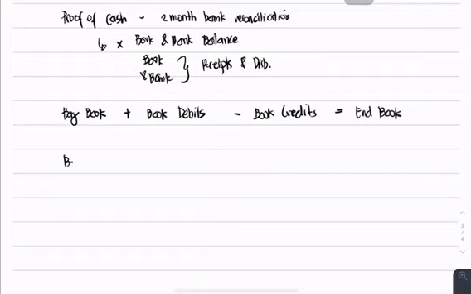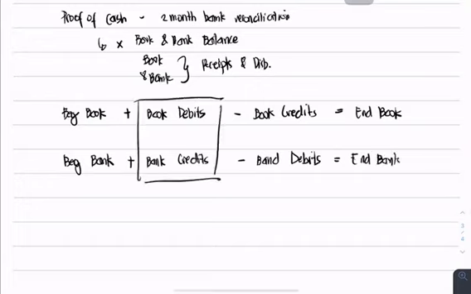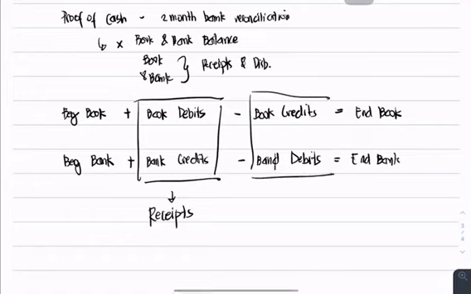And then we have your beginning bank plus bank credits less bank debits. You will get your ending bank. We also said that book debits and bank credits are known as your receipts, and your book credits and your bank debits are known as your disbursements. Okay, so receipts and disbursements.